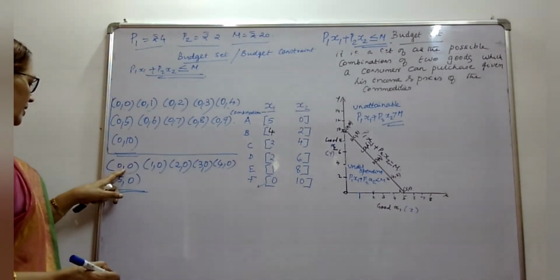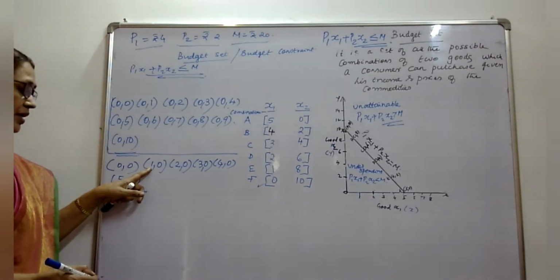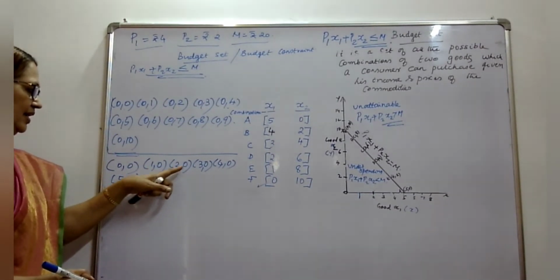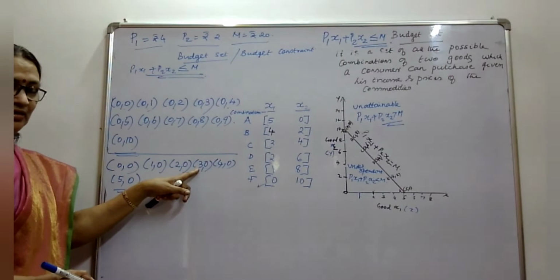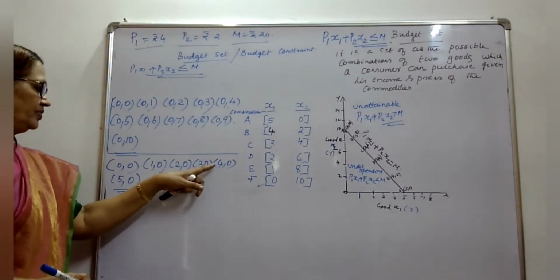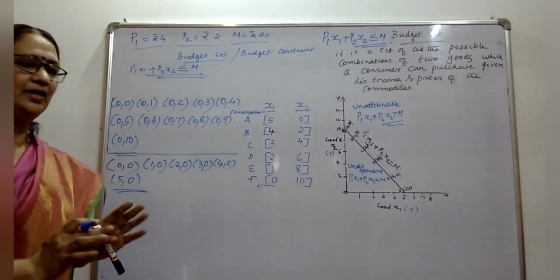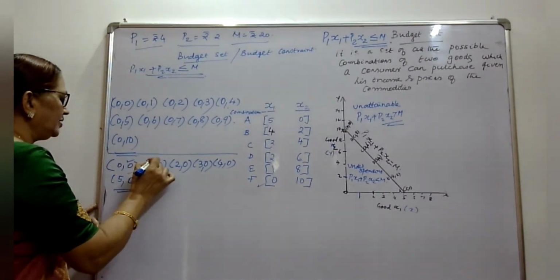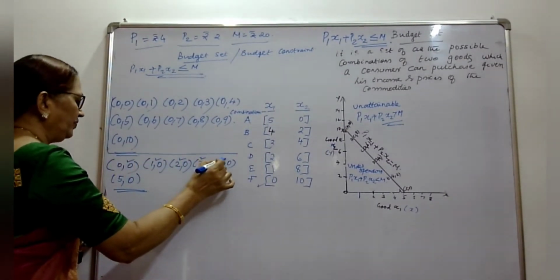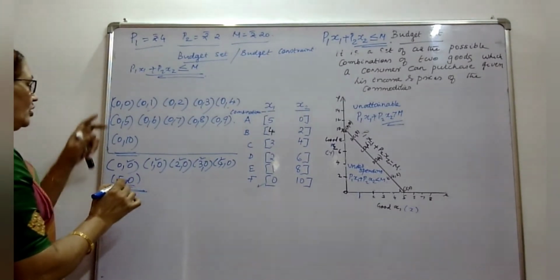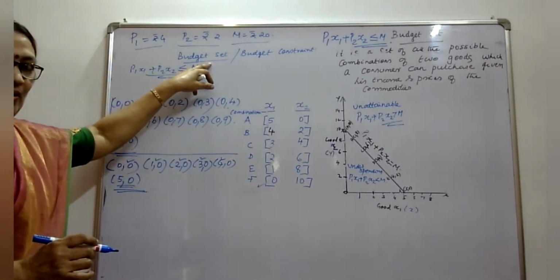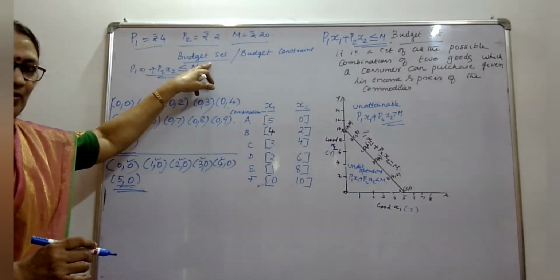So here 1 into 4, 4, here 8, here 3 into 4, 12, then 16, and 5, 0 means he spends his entire income. So here also these bundles are less than income, this one equal to income. So the budget set contains all the sets which are less than and equal to income.